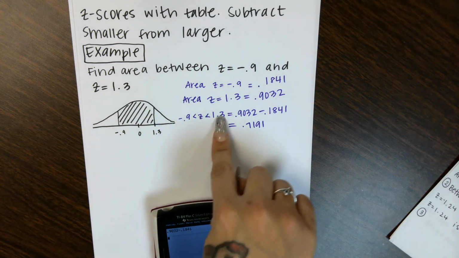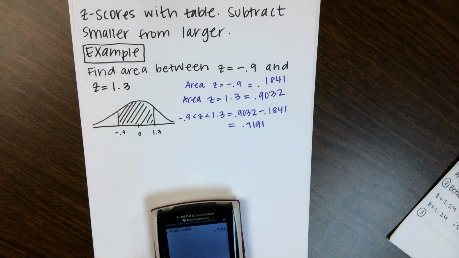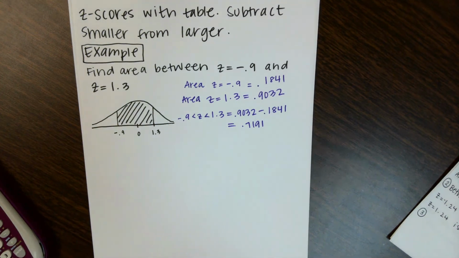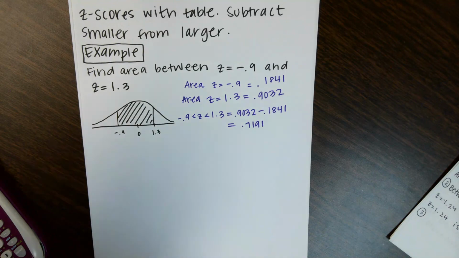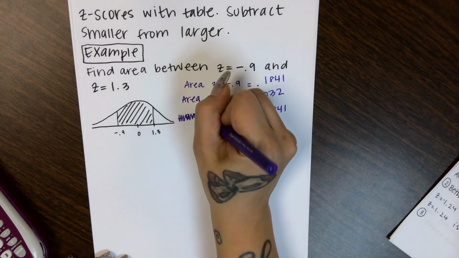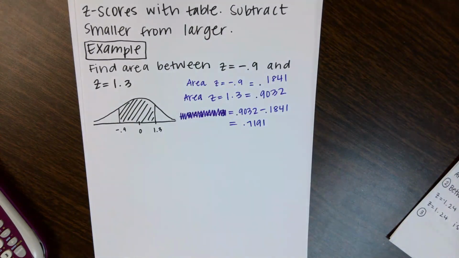And so, I just kind of wrote it like that. Because this table is giving me the area, right? The z-score. There. Subtract the smaller from the larger.